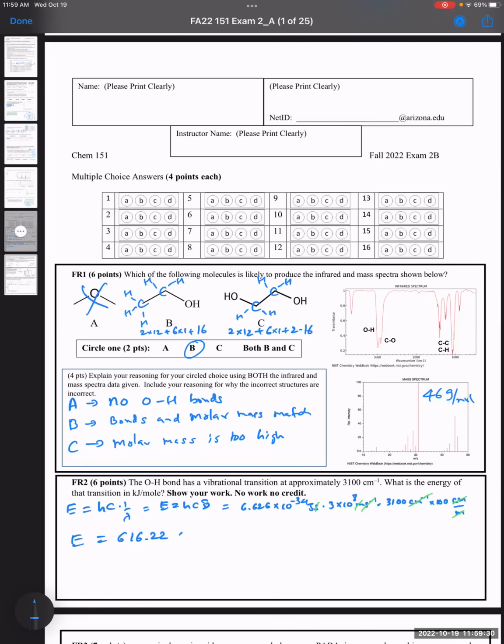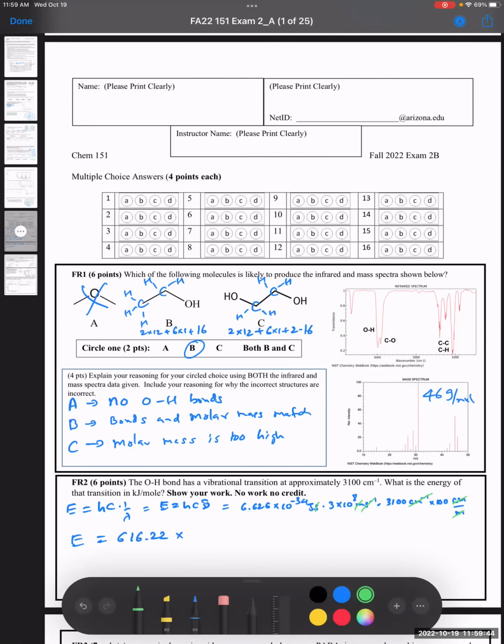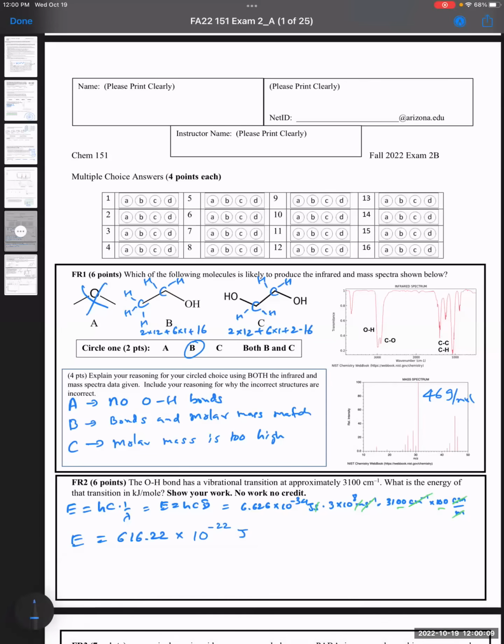Then for the exponents, 10 to the power of minus 34 times 10 to the power of 8 is 10 to the power of minus 26, and 10 to the power of minus 26 times 10 to the power of 4 gives 10 to the power of minus 22. That's going to be the energy per photon, joules per photon. You don't have to change this answer here because it's not our final answer.